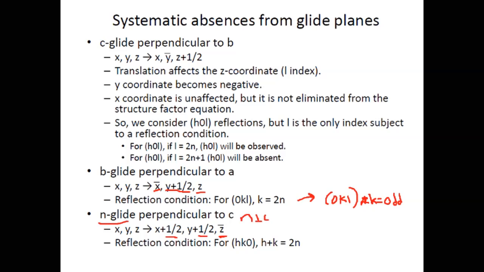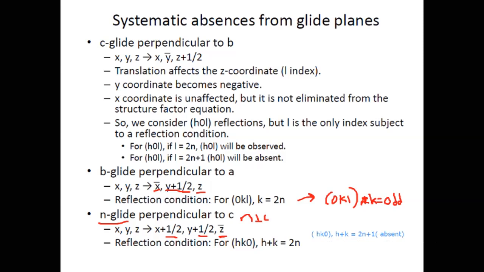And so if the HK0, where H plus K is odd, these should be absent. Again, this has to be H plus K because we're translating along two different directions.